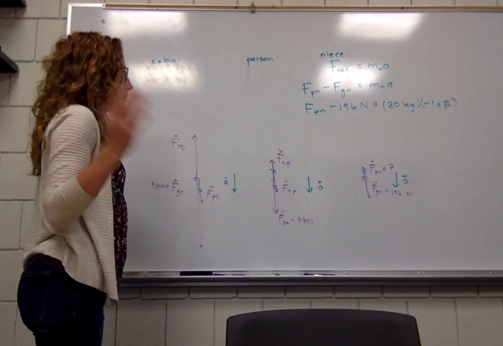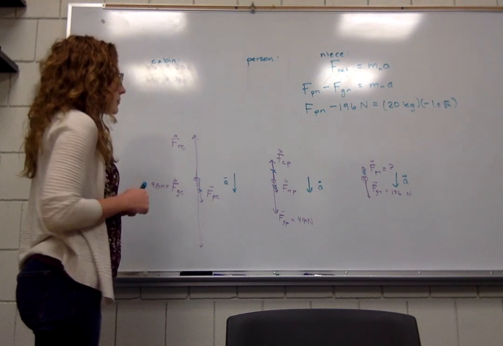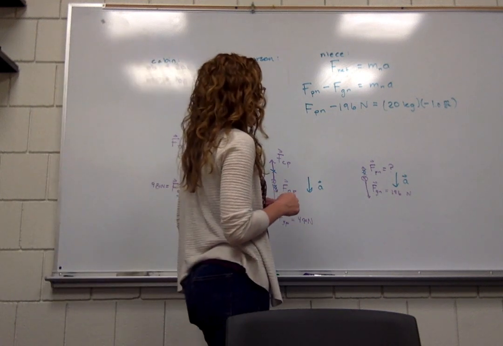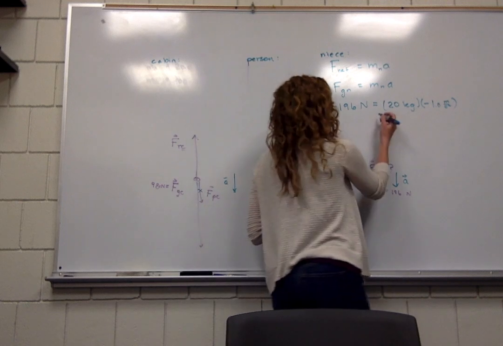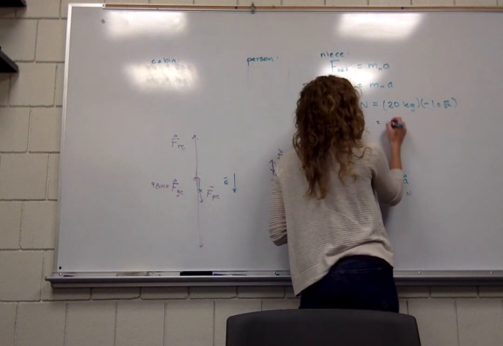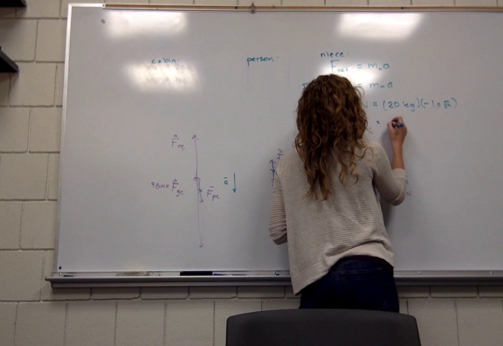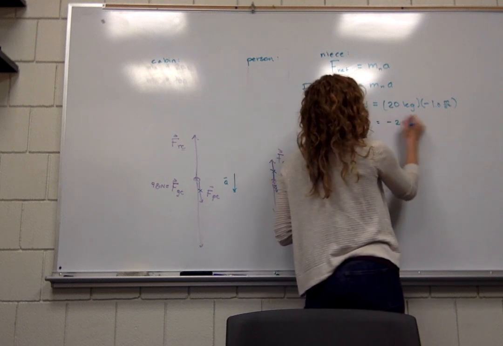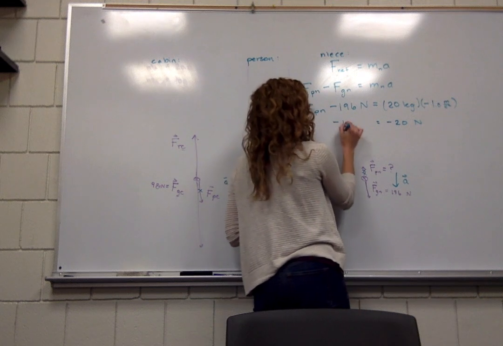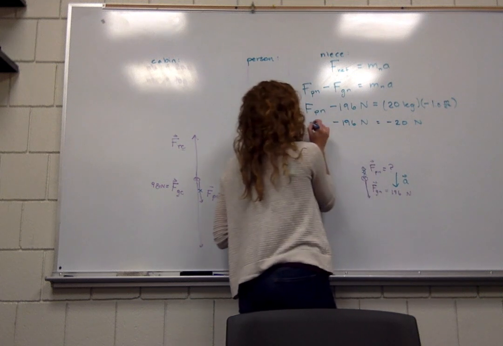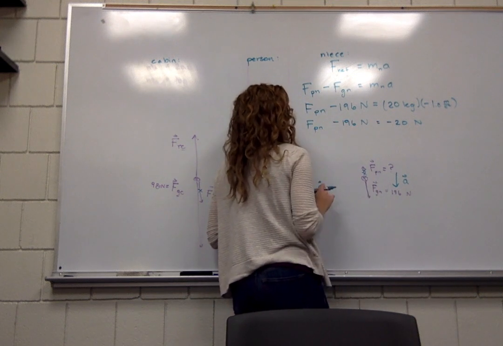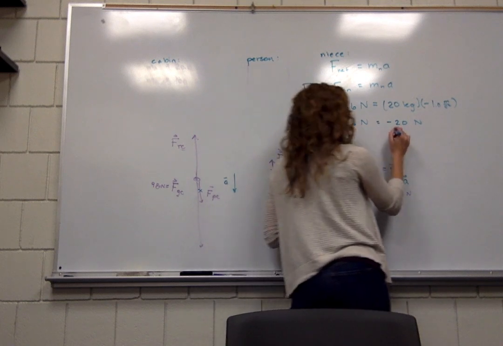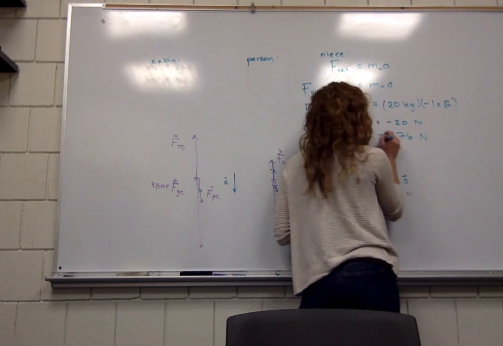Then you just solve. So it's just 20 plus 196, which is 216. No, it's negative 20. Minus 20. You're good. I was double checking myself. So 176. That looks good to me.